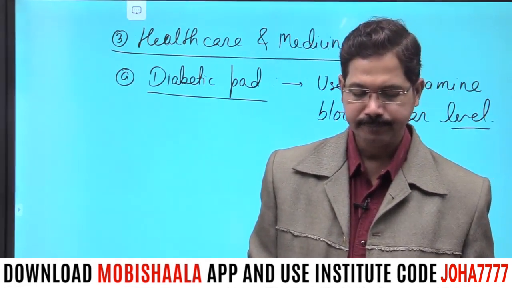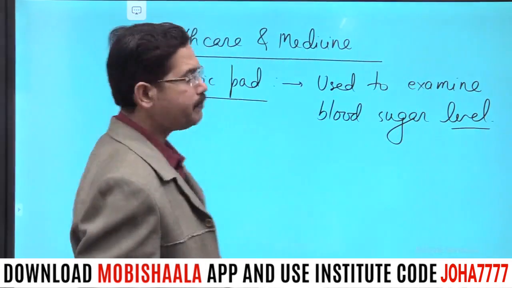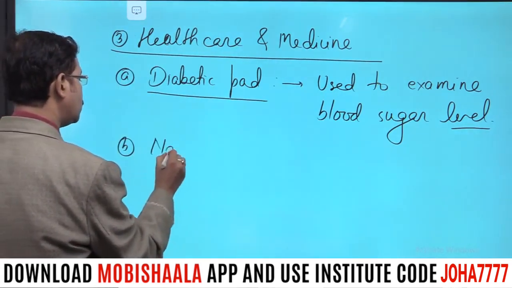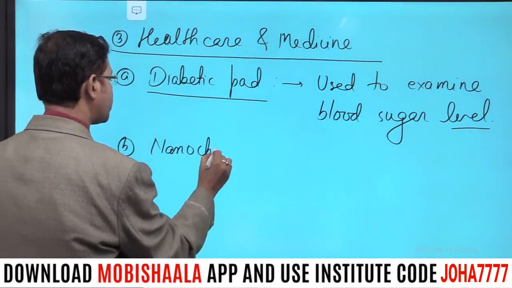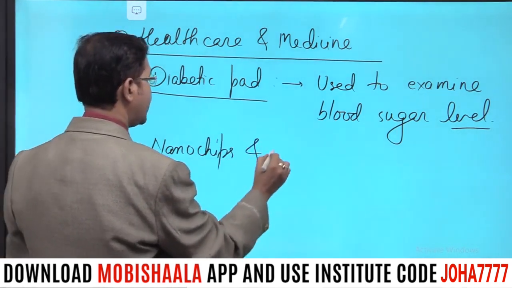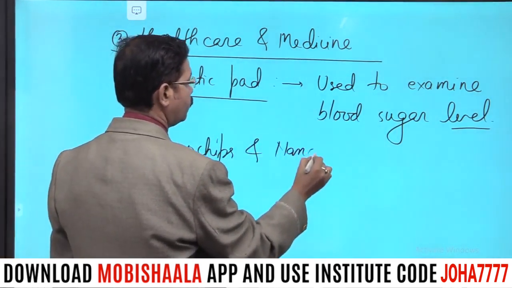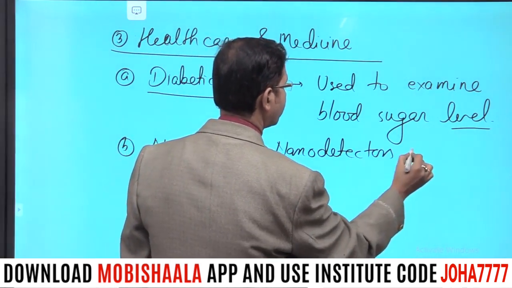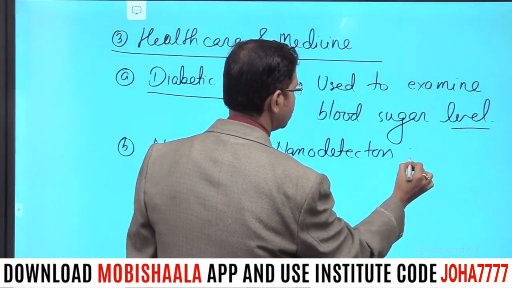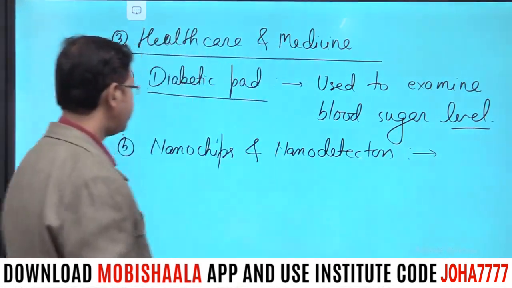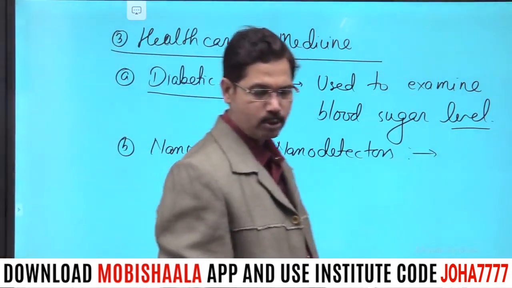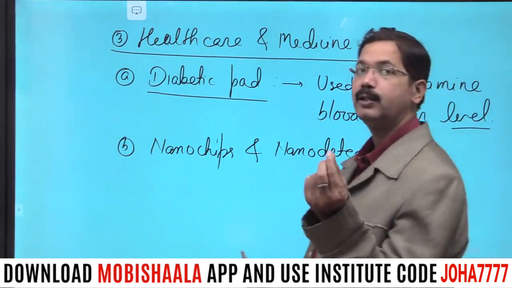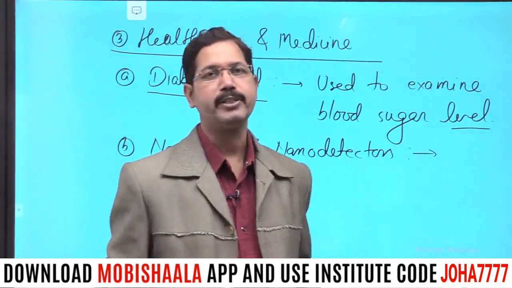Thereafter, there are nano chips and nano detectors. So both these have different uses. Nano chips are used to check the blockage of arteries.